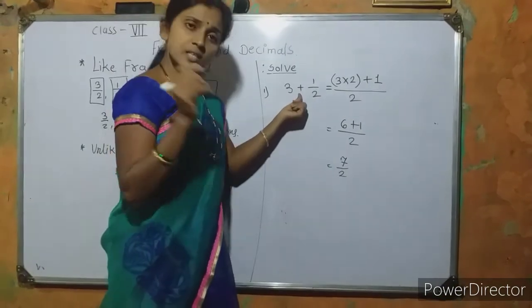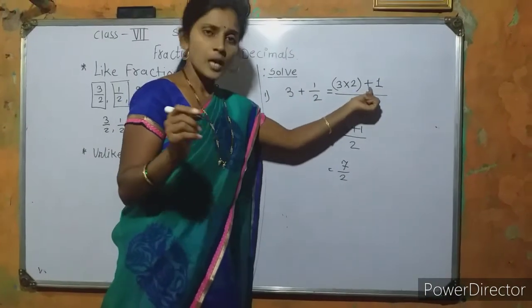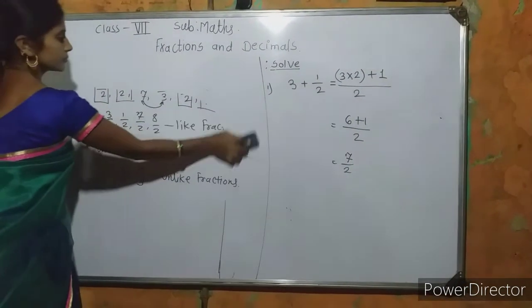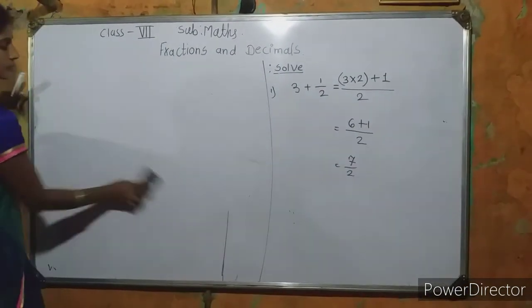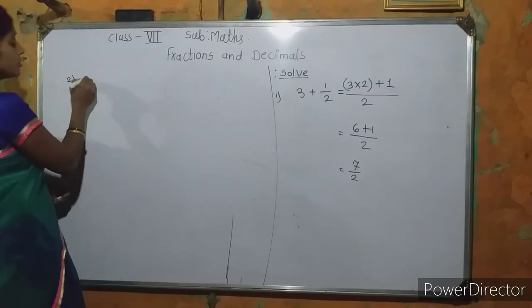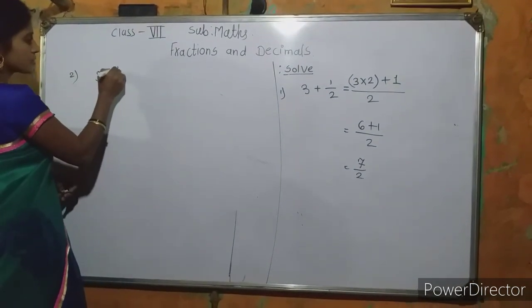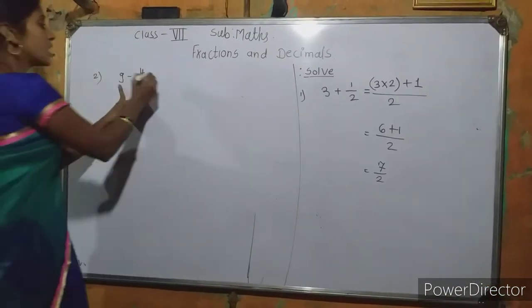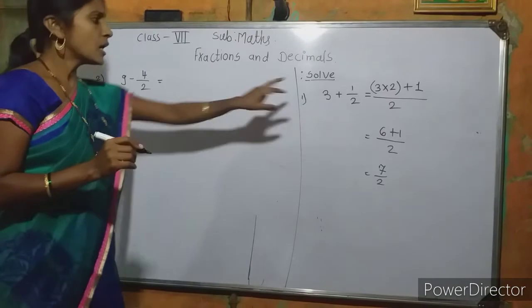Suppose there is a minus sign, then we have to put a minus sign. Let us see an example like that. See here, 9 minus 4 by 2. The steps are the same. Only here there is a minus sign.